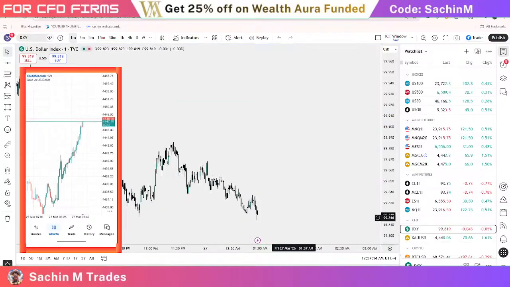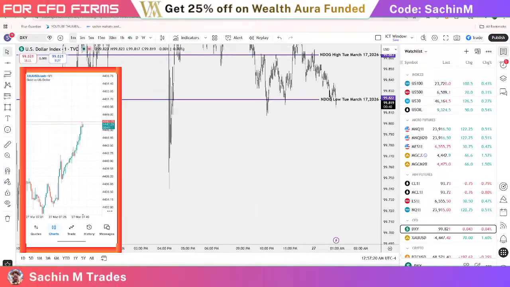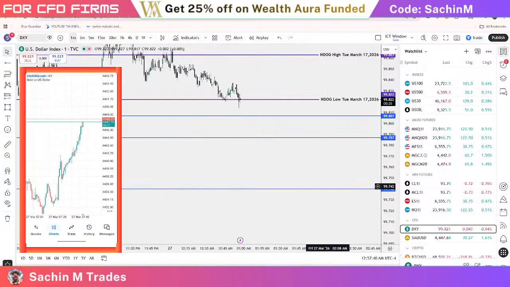The Dixie has this liquidity target, so it can move higher a bit more, and then these targets will be there. For Dixie, so the gold can go up quite a bit higher.